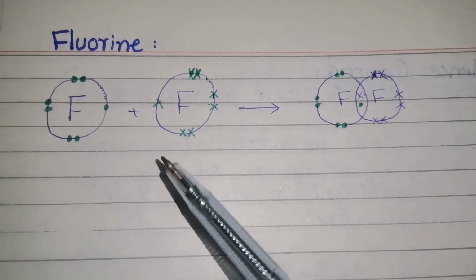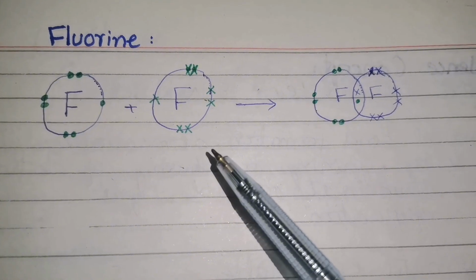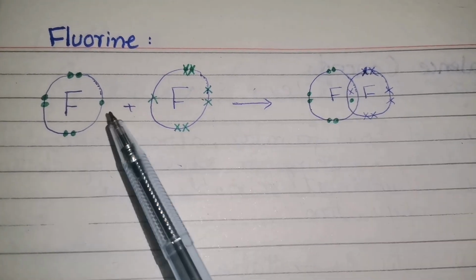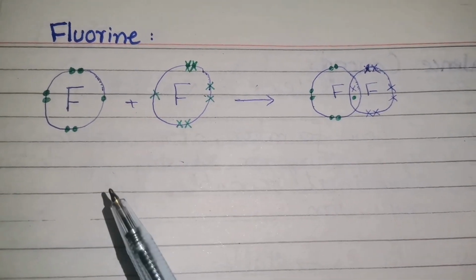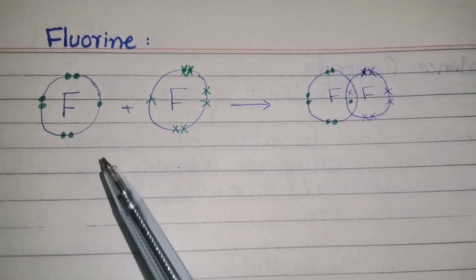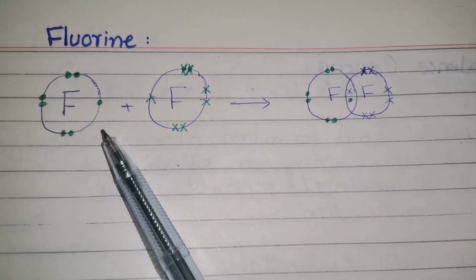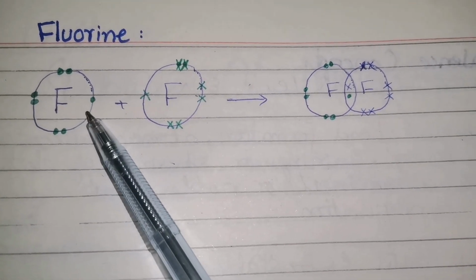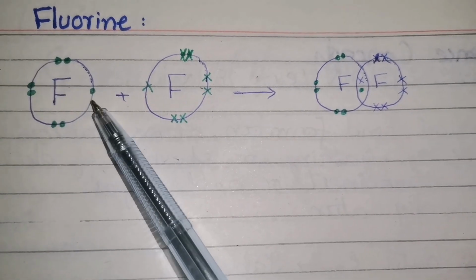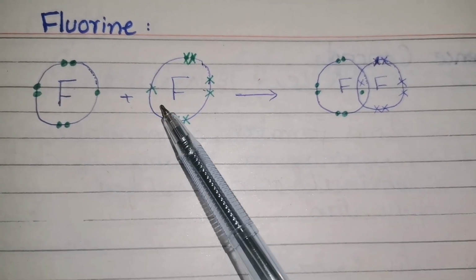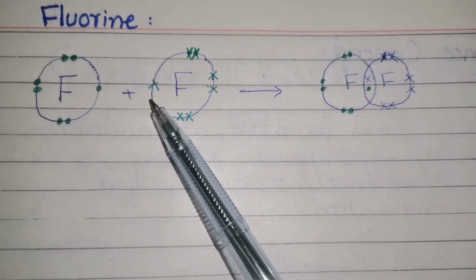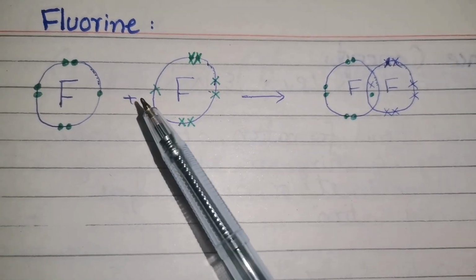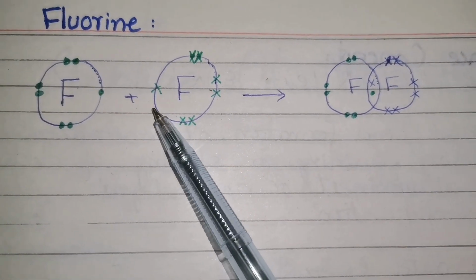If you want to know, then watch till the end and I will tell you the trick at the end. Now how many electrons does each fluorine need to complete its outermost shell? It has 7 electrons. It needs only 1 electron to get the noble gas electronic configuration. Similarly, this fluorine also needs only 1 electron to attain stability.